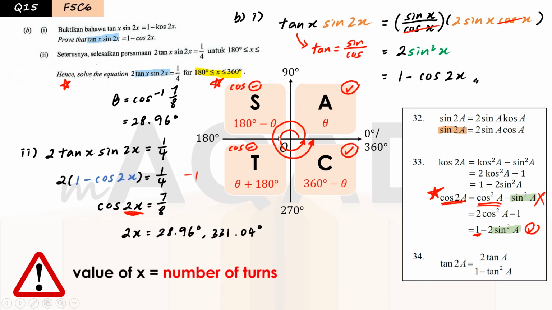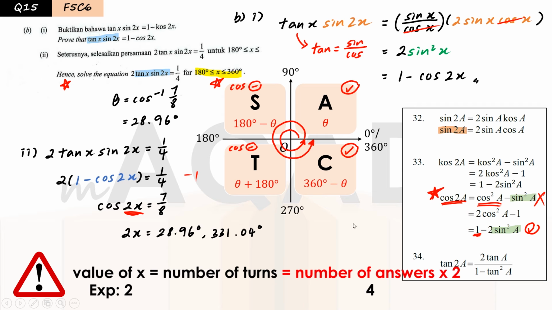So the angle now touches 2 times for each of the quadrants. So in our answers, instead of 2, there would now be 4 answers, because this angle touches the first quadrant, which is A, and the fourth quadrant, which is C, 4 times. So we need to have 4 answers.